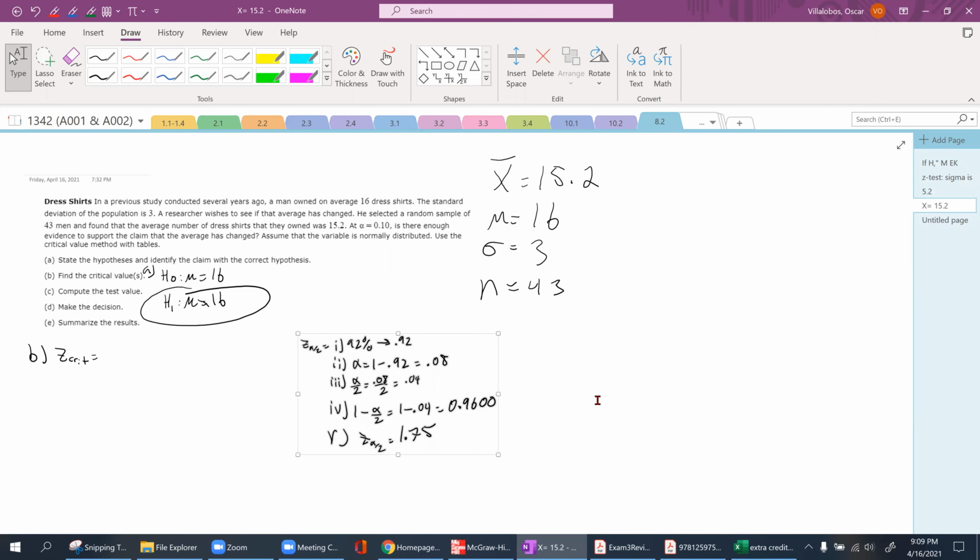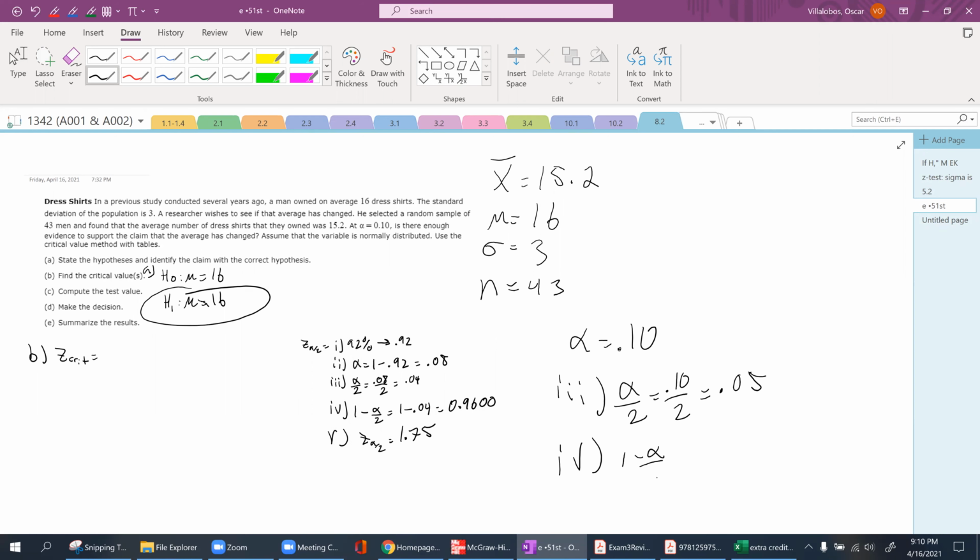Your alpha is for a two-tailed test of 0.10. You find alpha over 2, which is 0.10 over 2, which is 0.05, so you go to 1 minus 0.05, which gives you 0.9500.